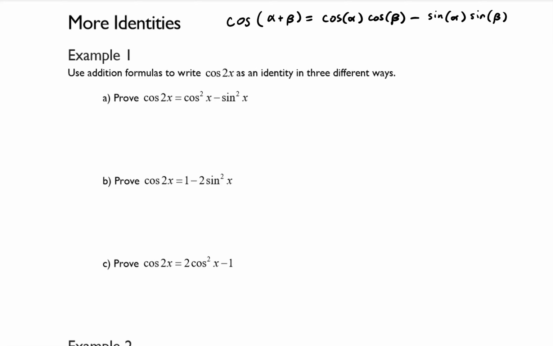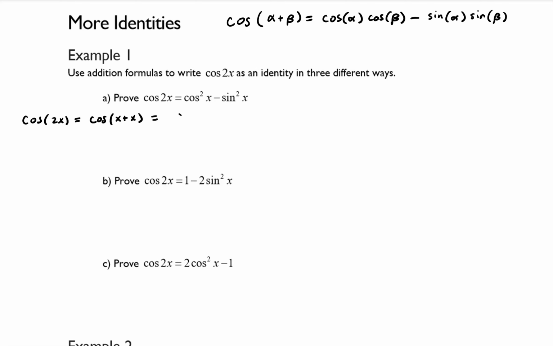Now, in this case, if we're finding cosine of 2x, we can say cosine of 2x is the same thing as cosine of x plus x. And now our angles alpha and beta just happen to be the same angle.